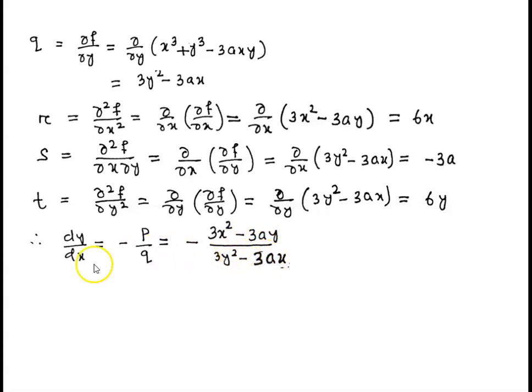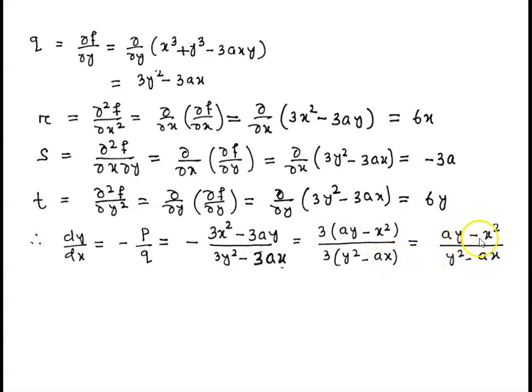So dy by dx is equal to minus 3x square minus 3ay divided by 3y square minus 3ax. If we take common 3, this is equal to minus ay minus x square divided by y square minus ax. This is our dy by dx.